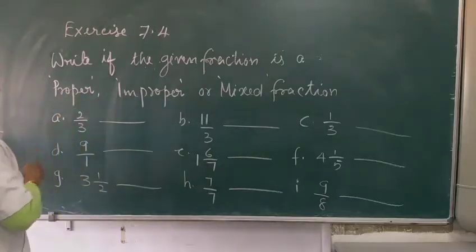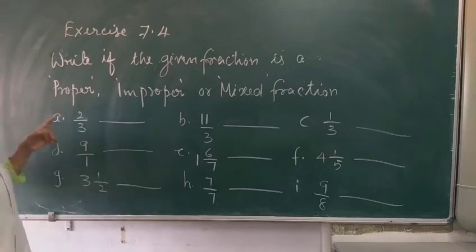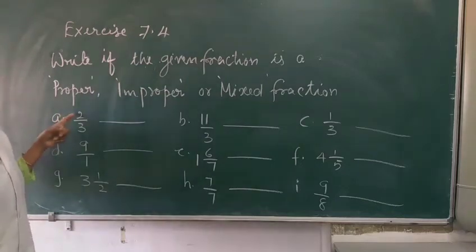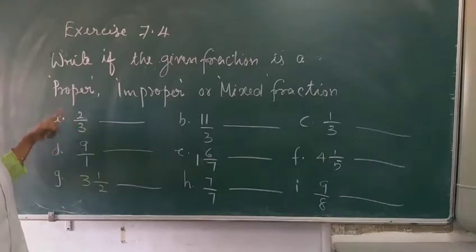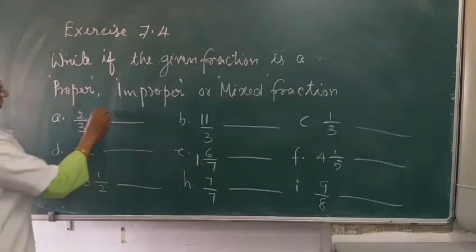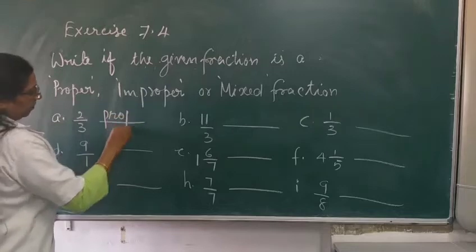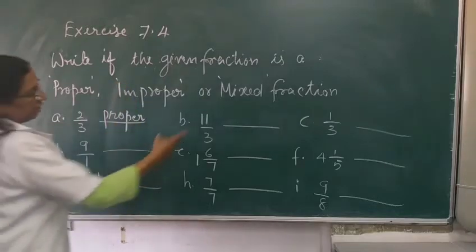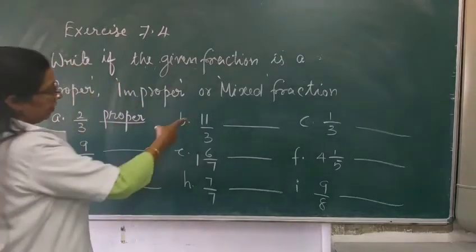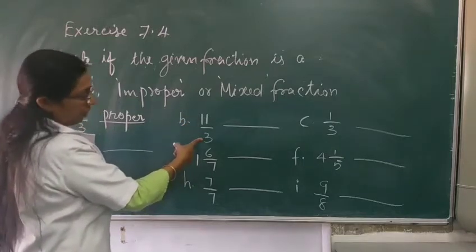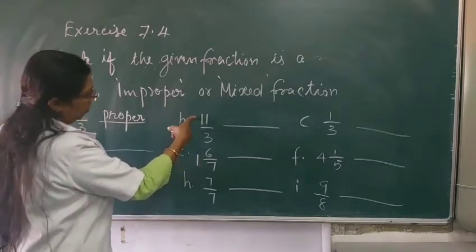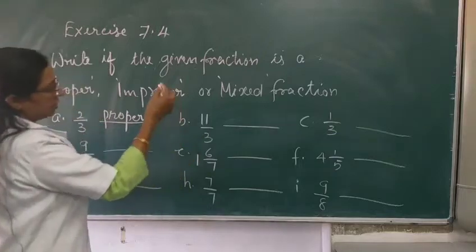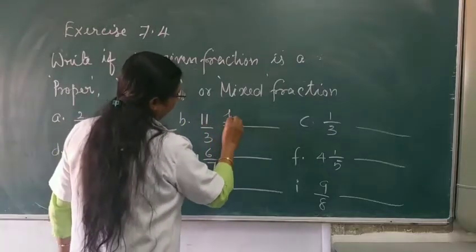First one, 2 by 3. The 2 is the numerator, 2 is smaller than the denominator. It means it is a proper fraction. Here, 11 by 3. 11 is greater than 3. 3 is the denominator, 11 is the numerator. This numerator is greater than denominator, so it is an improper fraction.